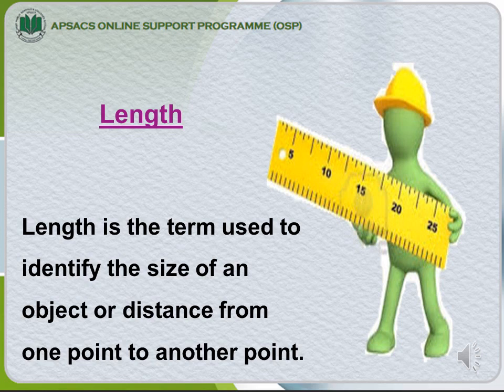It is also used to measure distances. For example, the distance from your home to school, or the distance between 2 countries or 2 cities. You can measure the length of any object.